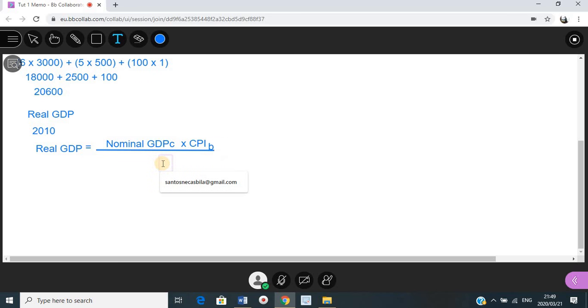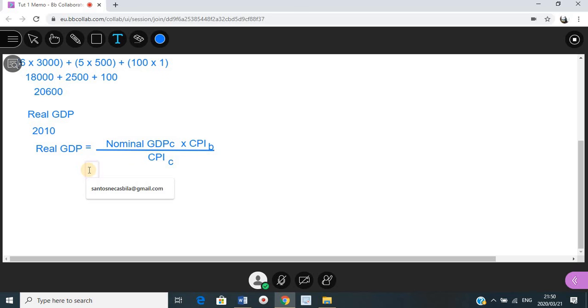Once again, B stands for base year. It is not the previous year as with the growth rate. No, it is the year that has been chosen as the reference year for the entire period, divided by the CPI for the current year.